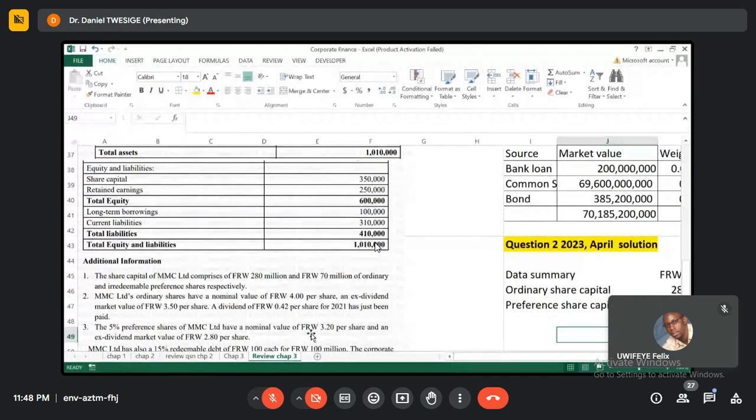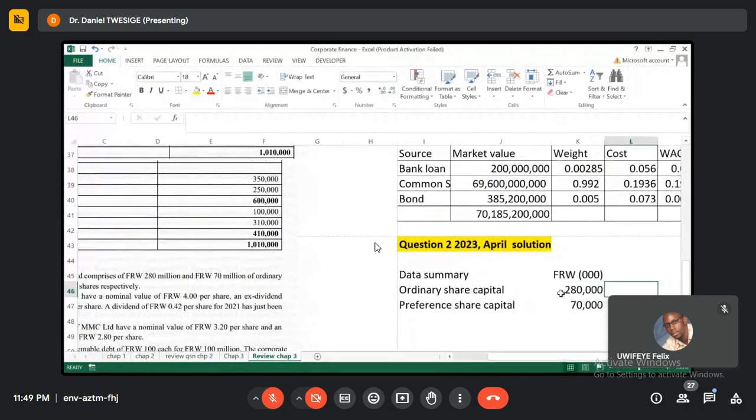If I go down, MMC Limited has a nominal value per share. So these ordinary shares have a nominal value. Our par value here is 4, or our NV is 4.